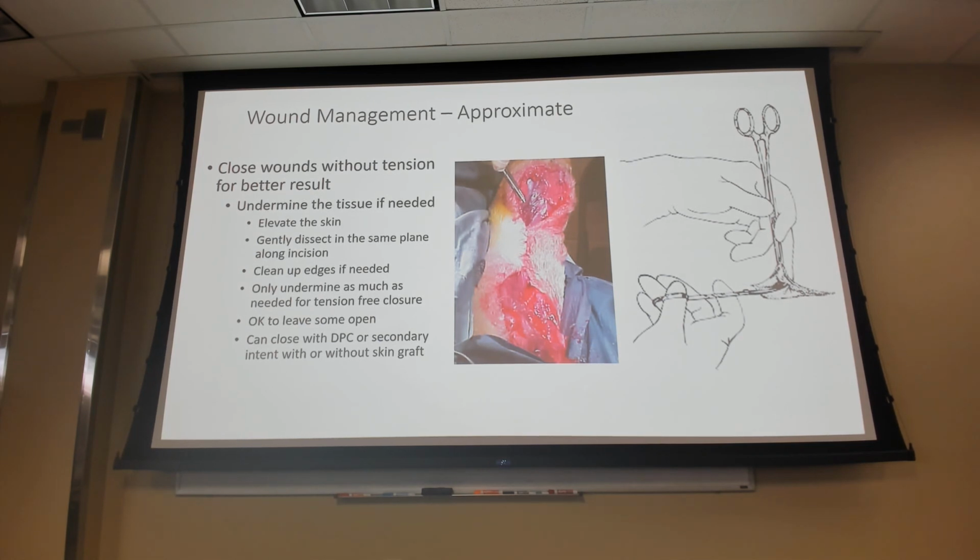But the other issue is we have to consider how much tension is going to be on that wound, because if there's more tension, you're going to get a worse outcome or not a great cosmetic result for healing. Sometimes with wounds that we can't approximate well, we'll throw loose sutures in there just to help with that wound healing and get those edges closer together, and it creates its own dressing on top of it as well. So that's another consideration we can do.